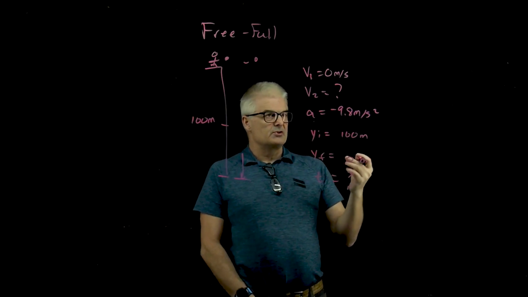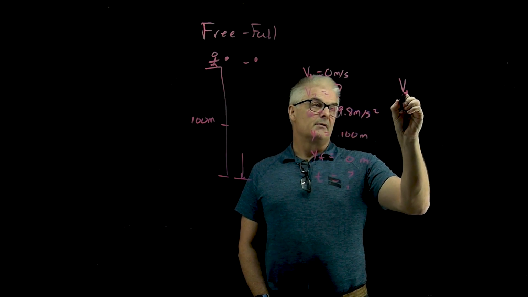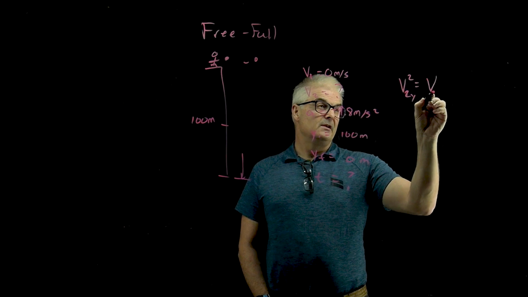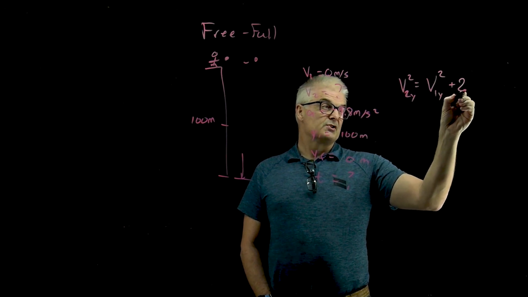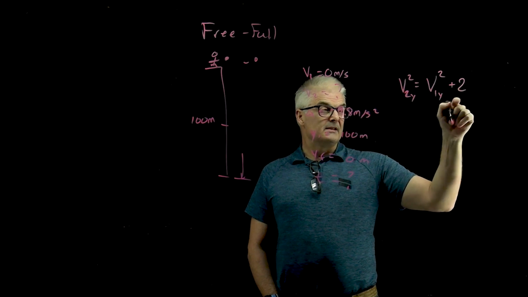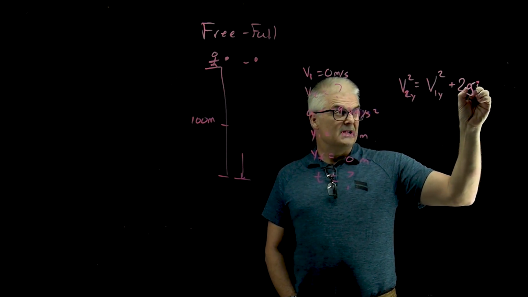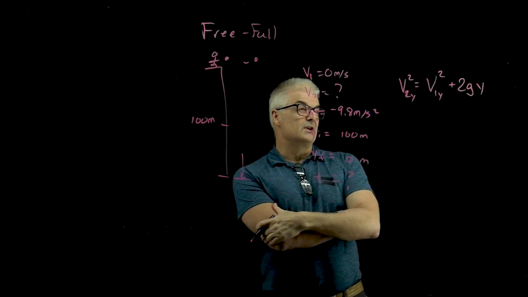Now, remember there are three kinematic equations. We wrote them in terms of x, but you can always say V2y squared equals V1y squared plus 2 times, and the next equation was AD, but we're going to make that a G times y. It's technically delta y, the change in y.